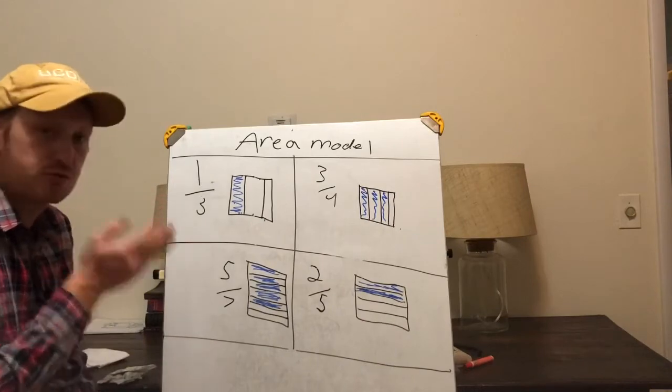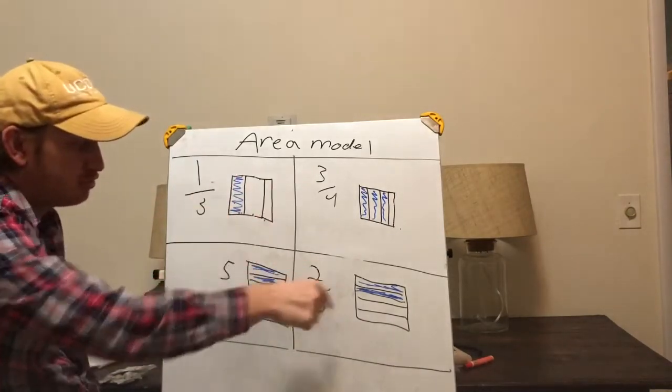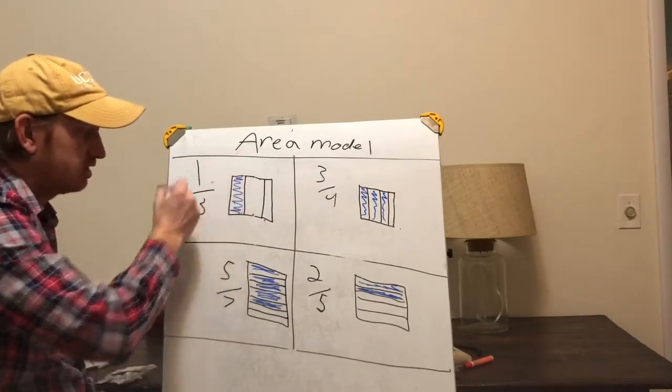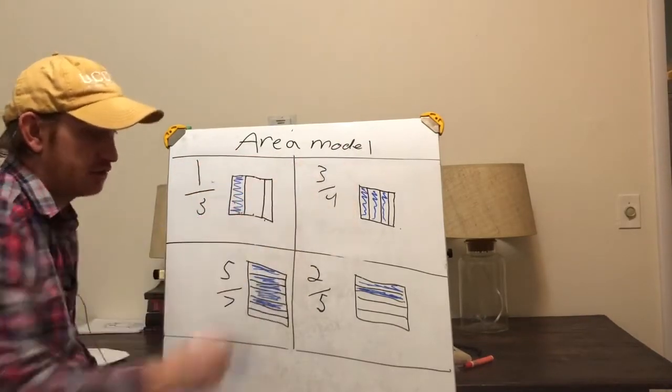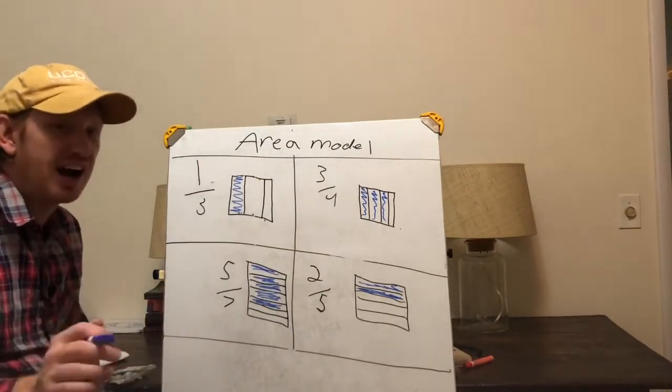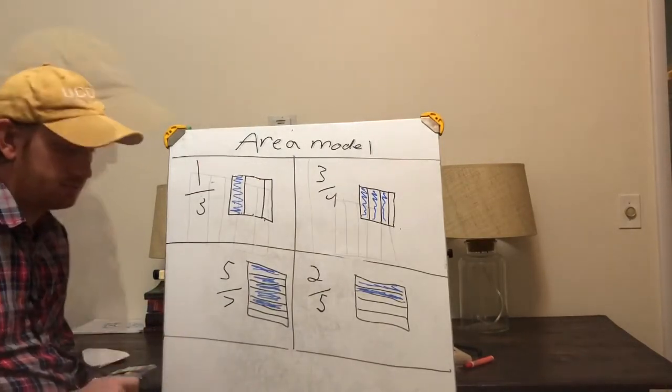So here are 4 representations of fractions using the area model. Now we're going to use the area model to find equivalent fractions.